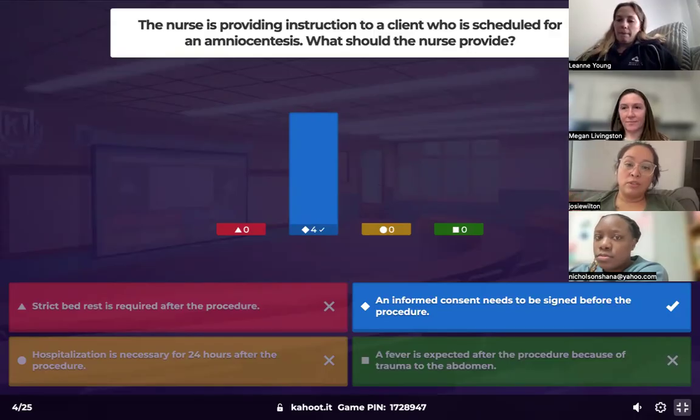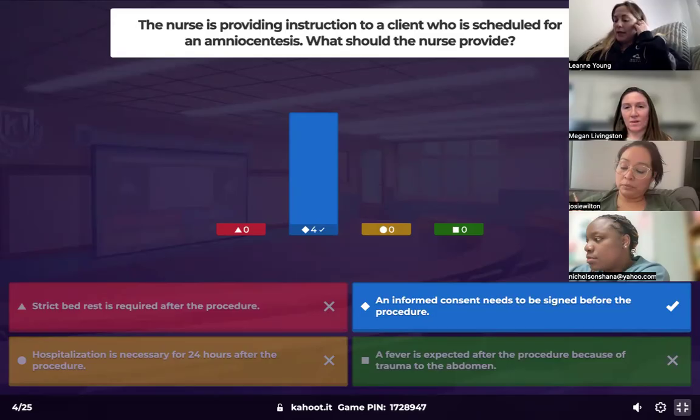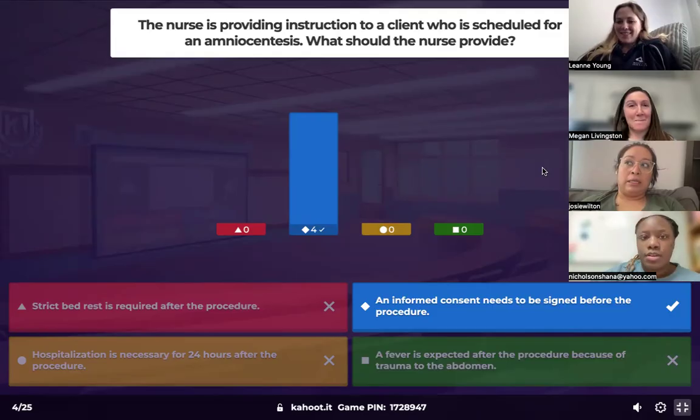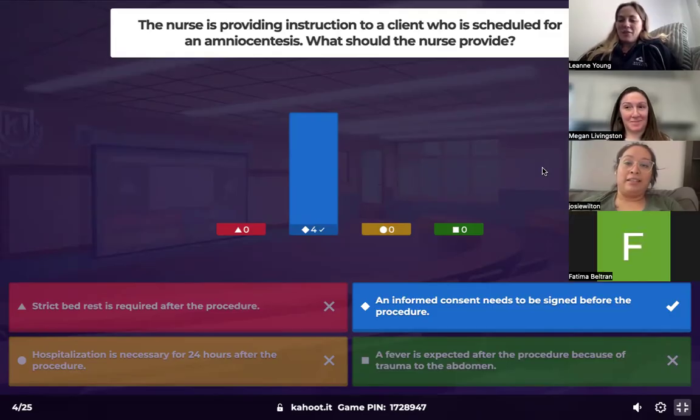So you said neural tube and Down syndrome? Mm-hmm. So what blood test or what marker in your blood gives us an indication that a baby could potentially have a neural tube defect or Down syndrome? The alpha fetoprotein? You got it. Good job.